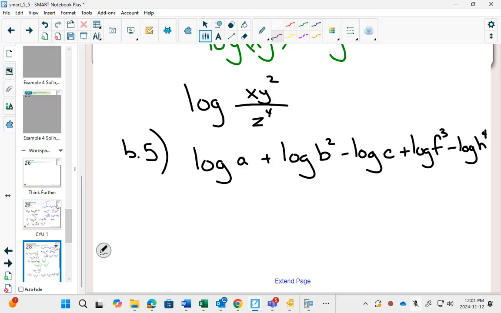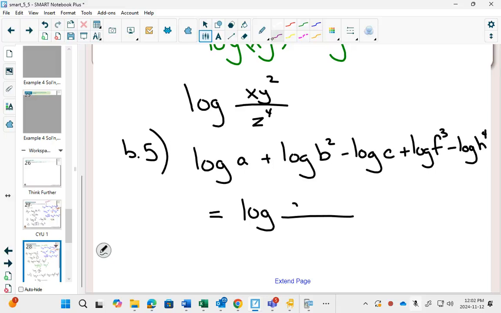And if you try to do it one log law at a time, most students make a little mistake somewhere and it goes back. That's where it's really nice to use this shortcut. How many of them are positive? Log A is positive, log B squared is positive, log F cubed is positive. Notice how I already put the exponents in, so they're all one log in front of each one.